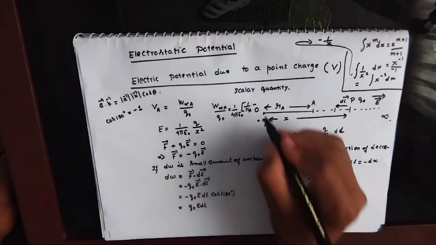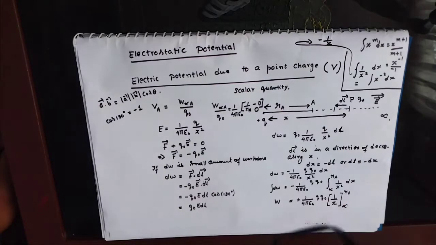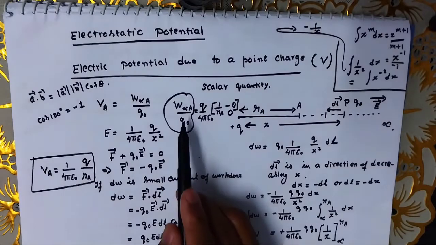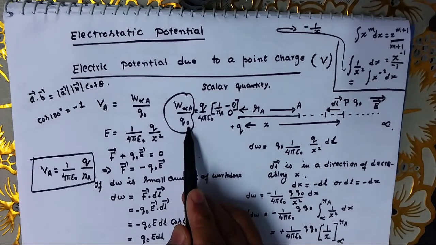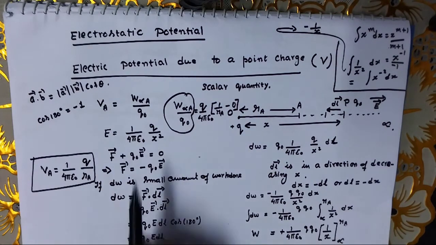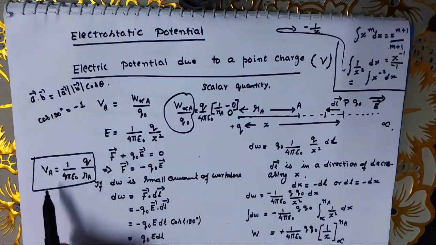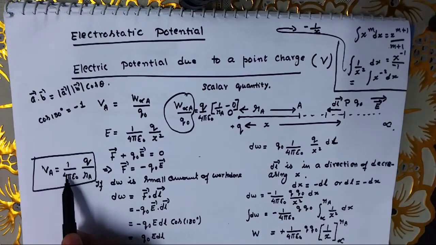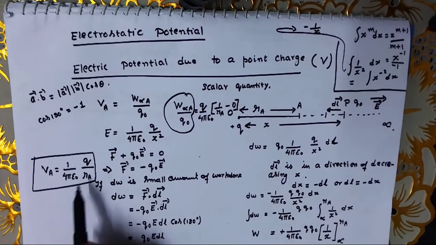But anything divided by infinity is 0. So W infinity to A divided by Q naught is nothing but the potential at A. Hence, VA is equal to 1 by 4 pi epsilon naught Q divided by RA.